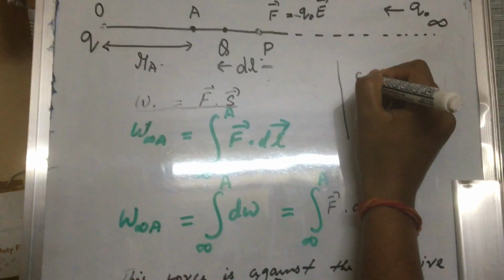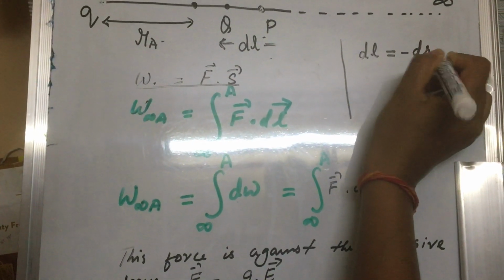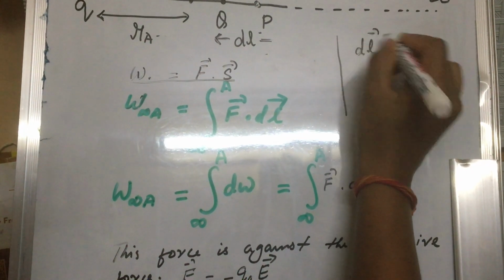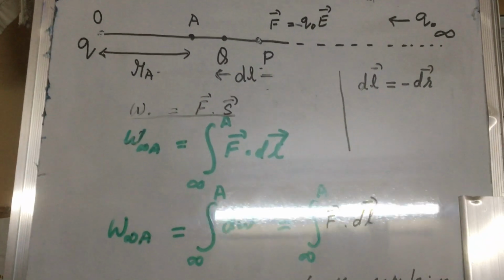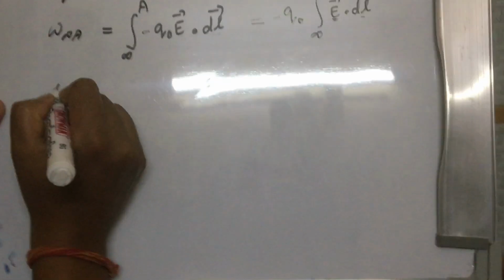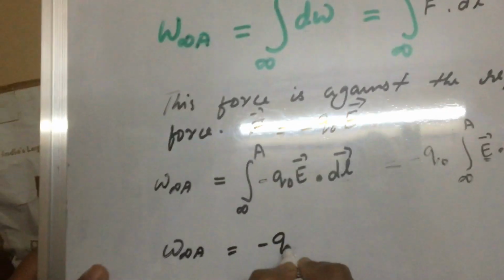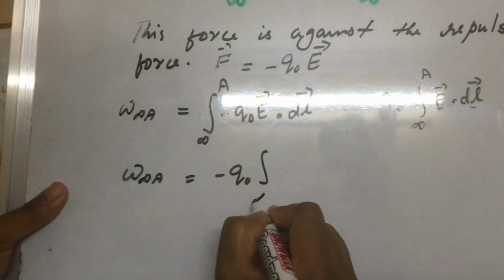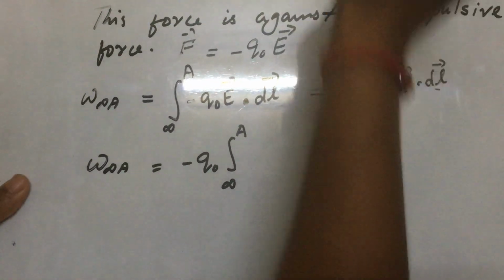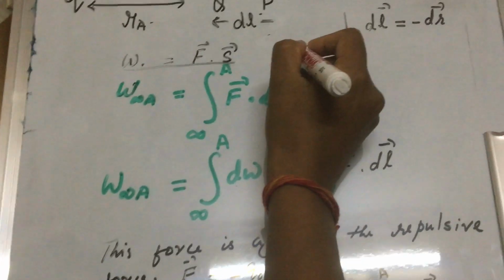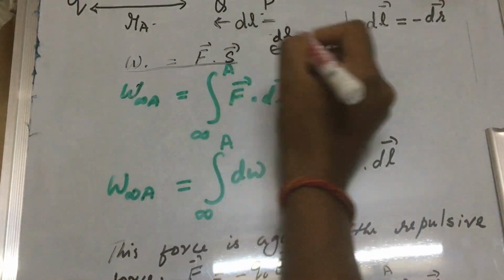So we are going to take dl equal to minus dr. Electric field is along this direction, dl is along this direction, so what is the angle?